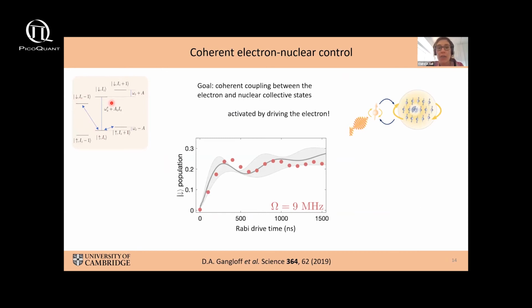You can actually have a Goldilocks region between 9 and 16 megahertz for the electron Rabi drive, where you're sufficiently fast to beat decoherence in your system, nuclear inhomogeneities and electronic decoherence, and you're sufficiently slow to talk to a single nuclear species. And so in this regime, you can see damped, but yet clearly resolved Rabi oscillations between these two states as you coherently drive them.